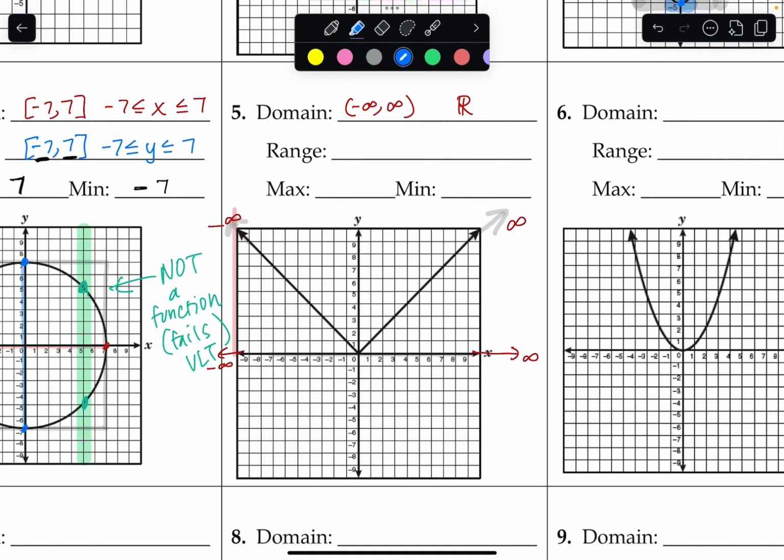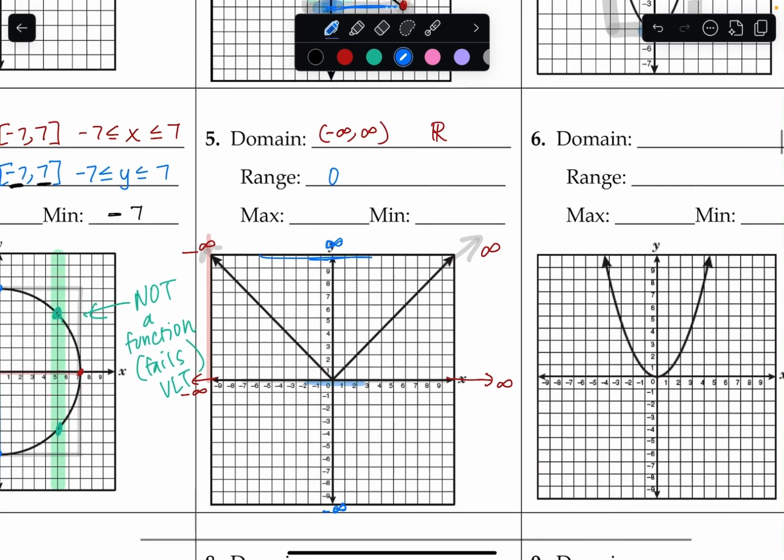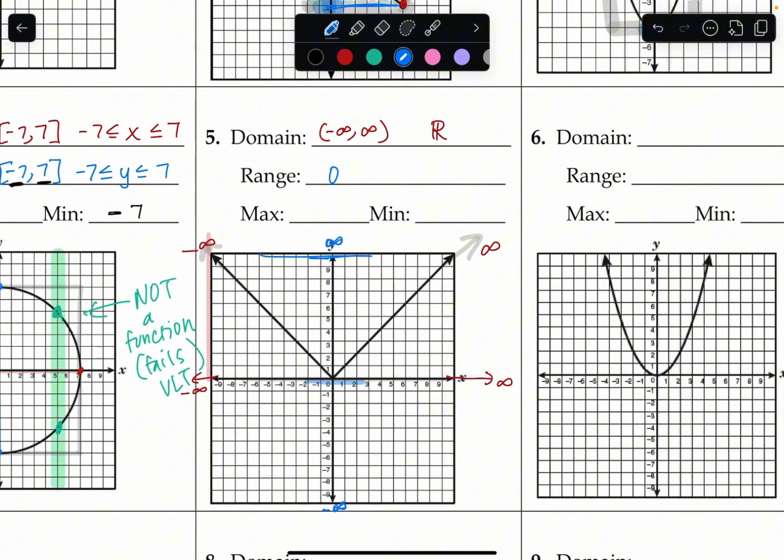And then for our range, we do have the bottom of the box at 0, but we don't have the top of the box. That means it's going to positive infinity, and negative infinity would be down here if you want to extend your y-axis. And so this one stops at 0. We have a closed circle, so a bracket, but we don't have an upper endpoint because as it's going to the right, it's going up as well.